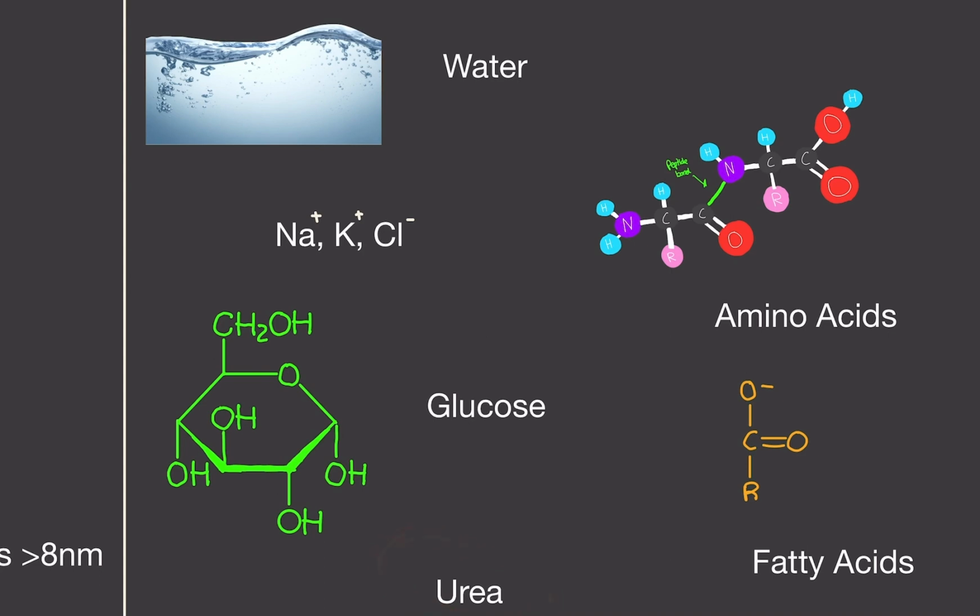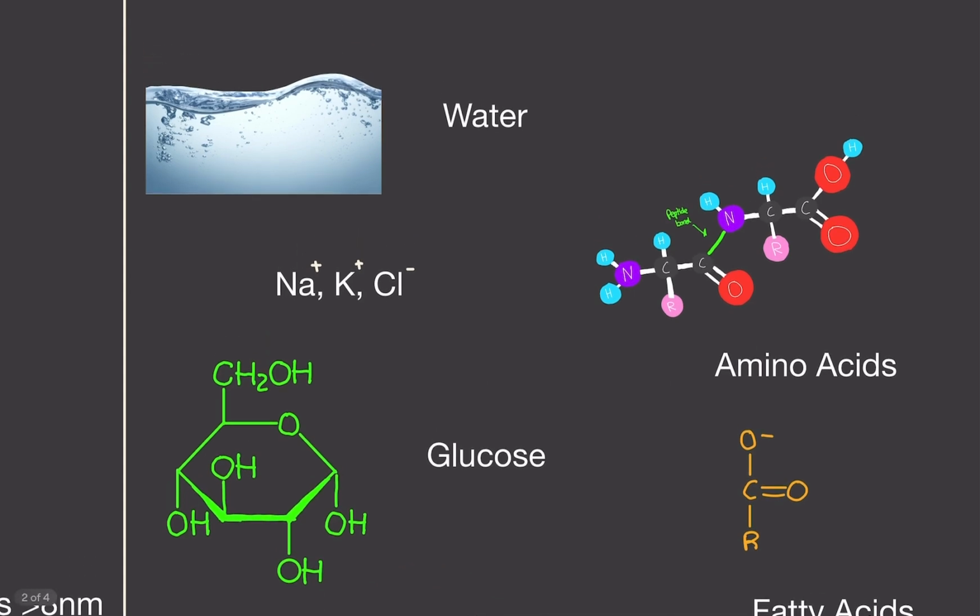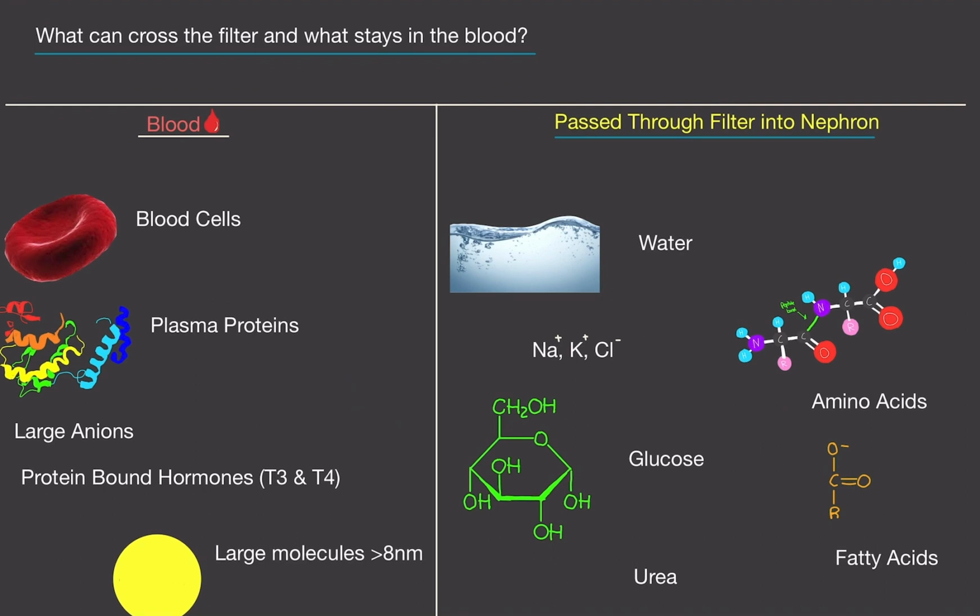Urea is toxic. Amino acids. What I mean by amino acids is before they're actually made into proteins, because proteins are too big, but amino acids, they make up proteins, but amino acids themselves are so small they can pass through and be filtered out. As well as fatty acids, which can be passed through the filter and enter the nephron, which will be the PCT.